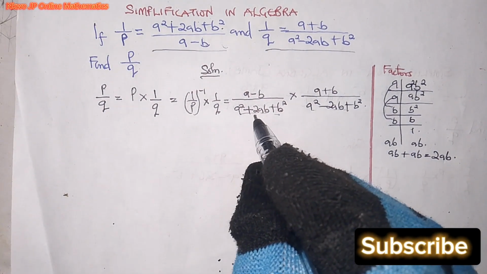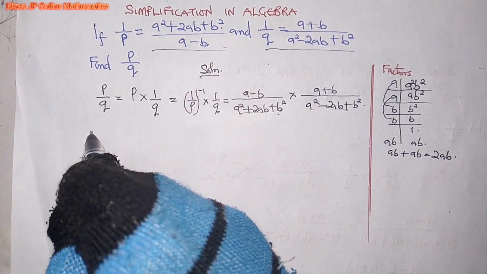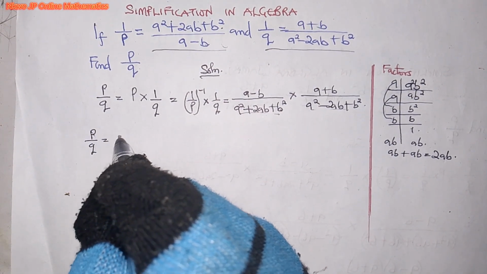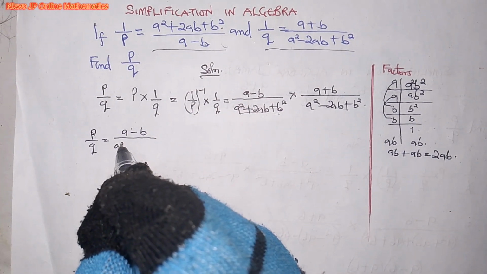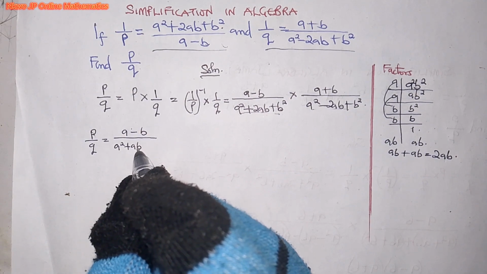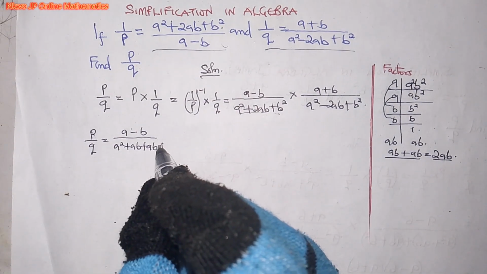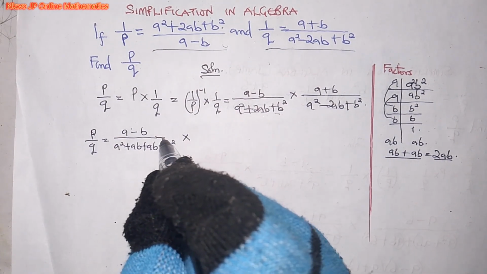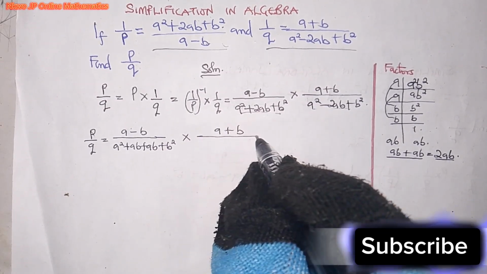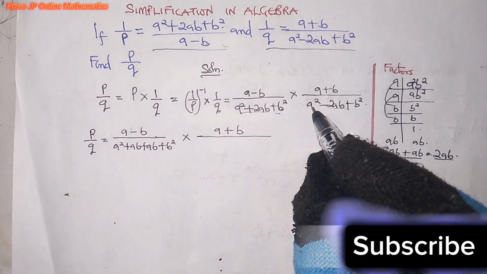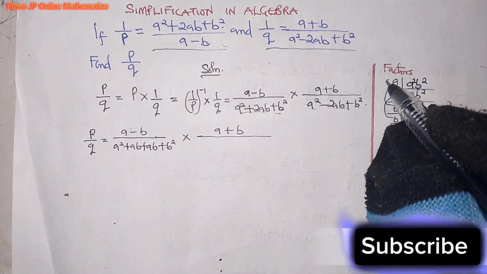So this quadratic expression here can be replaced with, let's say, p over q becomes a minus b all divided by a square plus ab plus ab, which is this in place of the 2ab, plus b square multiplied by a plus b all divided by, for this now we know this a square multiplied by b square is still the same thing as this, and the factor still remains.